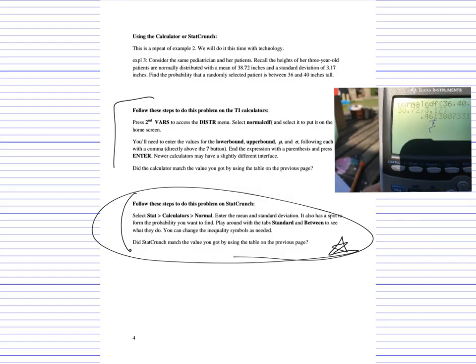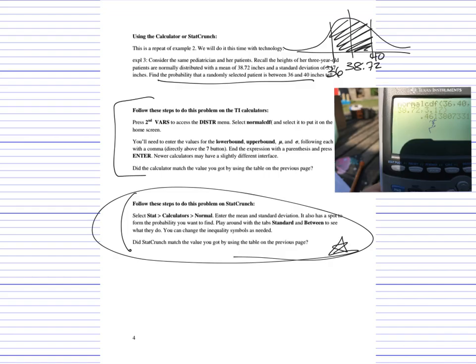I am going to show you a video of me doing it on the TI calculator, and I'm hoping this video is a little better looking than the previous. Basically, we're just redoing the problem. So again, here is my 38.72, my mean in the middle. I've got my 36, my 40, and I want this area in between there. This is the video of how to do that on my TI-84.